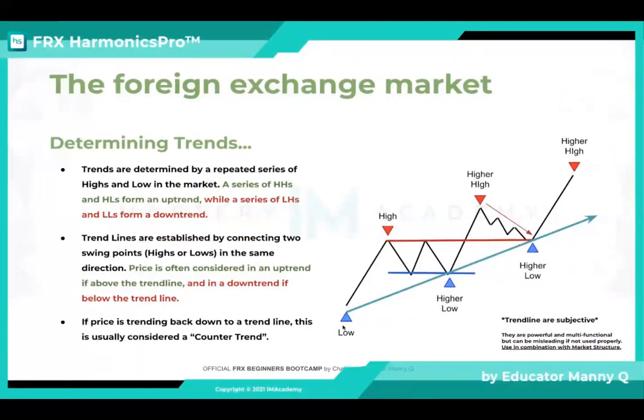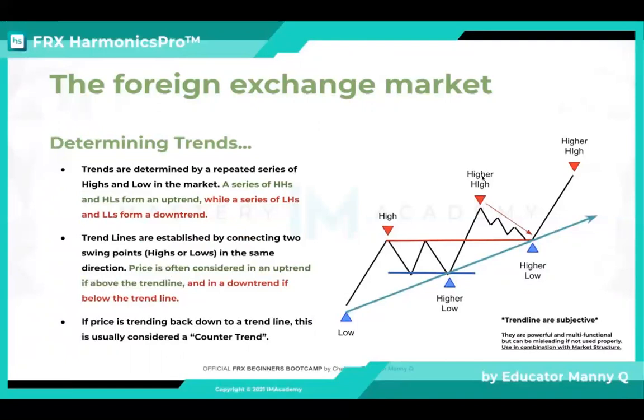As an example, we see that the market is making a series of lows and highs forming the uptrend. We see that the price is staying above the trend line. However, at this high point over here, the market looks like it's downtrending. On a smaller time frame or for a short period of time, we can see that the market structure begins to reverse.